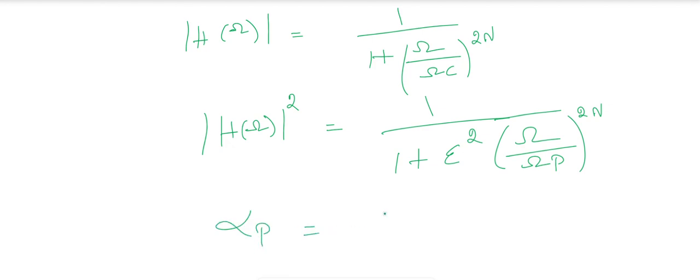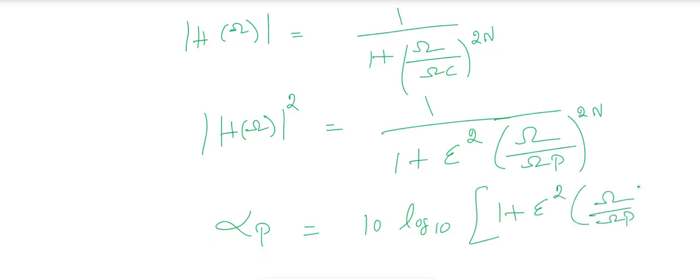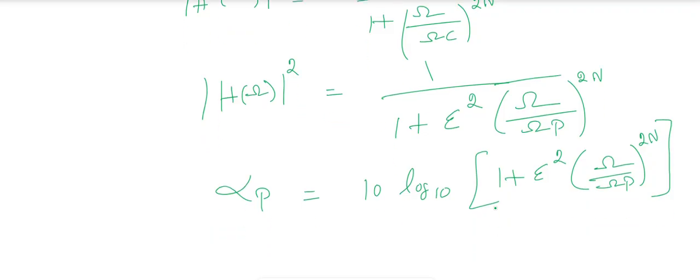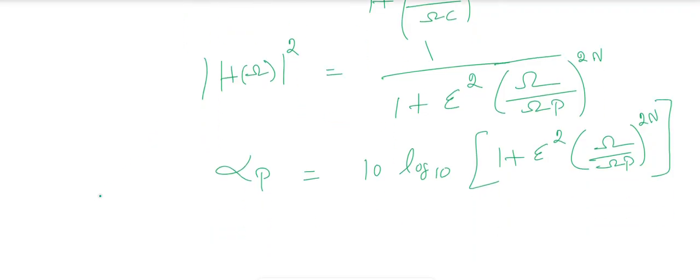So already we derived: 10 log 10 of 1 plus epsilon squared omega by omega p to the power 2n, if you include the ripples in the pass band and stop band.